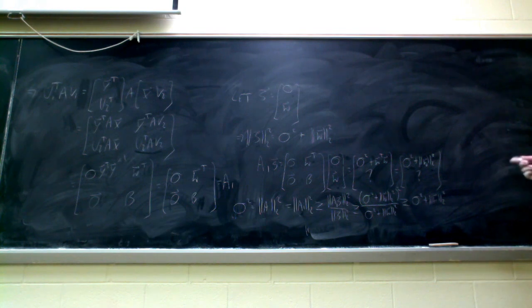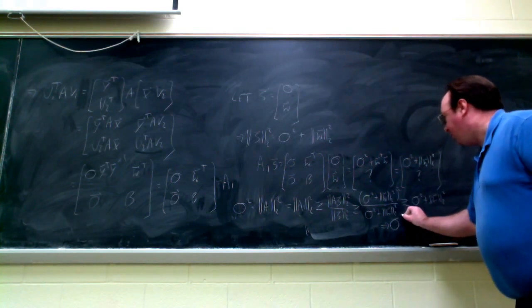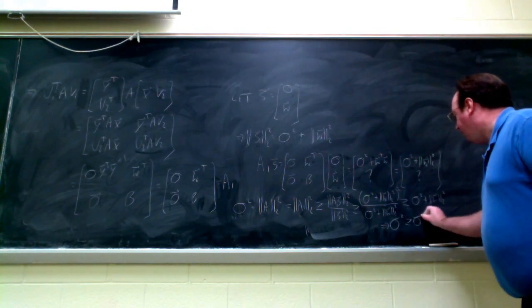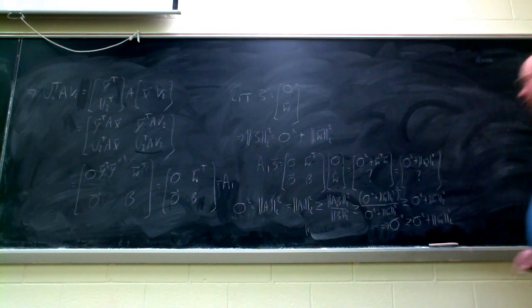So what can I conclude about W from this? All right, so I'll summarize. Sigma squared is greater than or equal to itself plus a norm of a vector. Now, a norm cannot be negative.